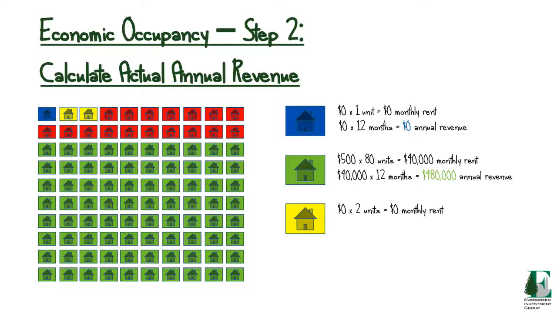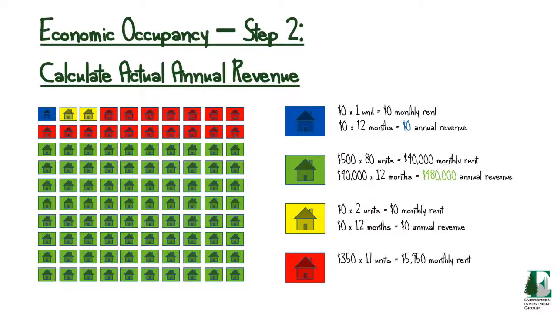Next are our property manager units. So $0 in monthly rent times 12 months, still $0. And then finally, our underperforming units. $350 times 17 units is equal to $5,950 in monthly rent. $5,950 times 12 months equals $71,400 in annual revenue.